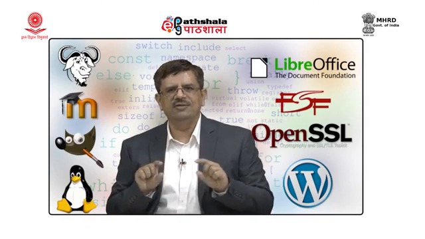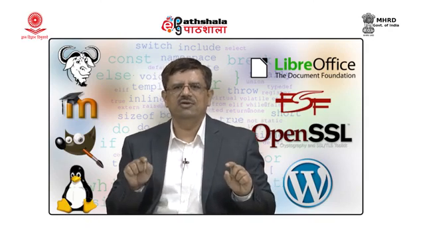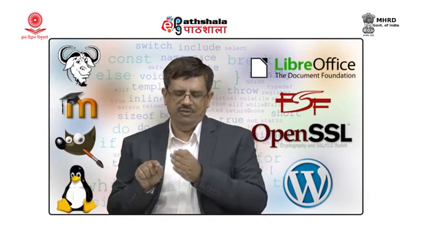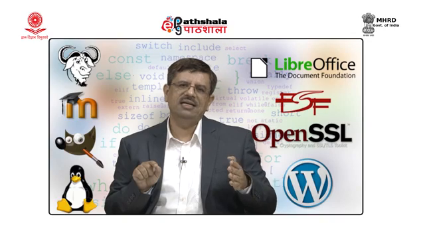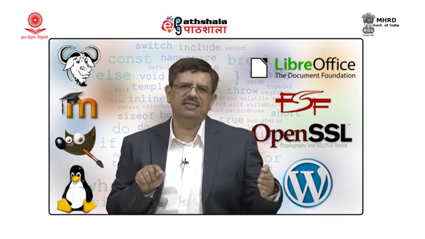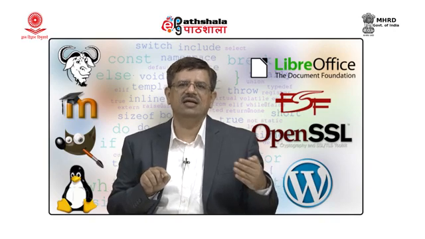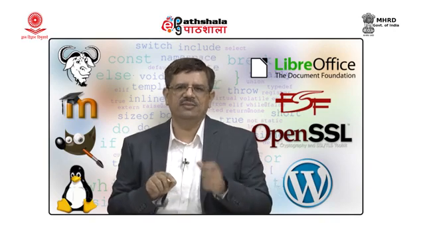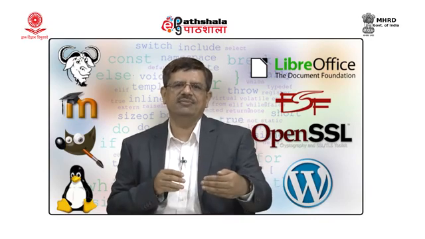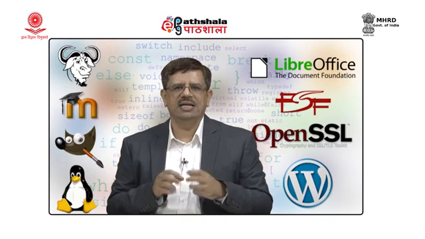So, at a time we can use 10 parameters. $0 indicates the name of the file, and $1, 2, 3 up to $9 indicate positional parameters. If we want to use further parameters, then the shell does allow it using the shift command. That is how we can pass n number of positional parameters at the command line.